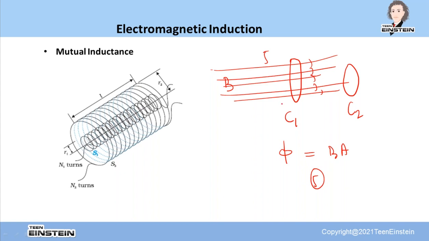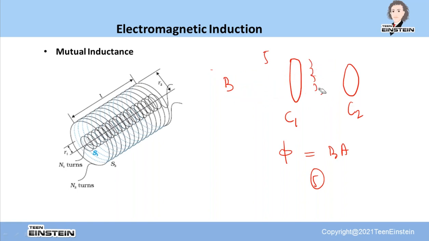Okay, this is called linked. That means if the field lines are passing through any coil, then we'll say that flux is linked in that.